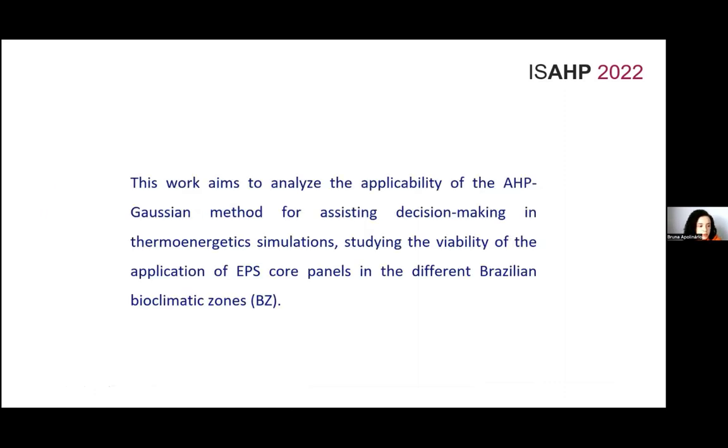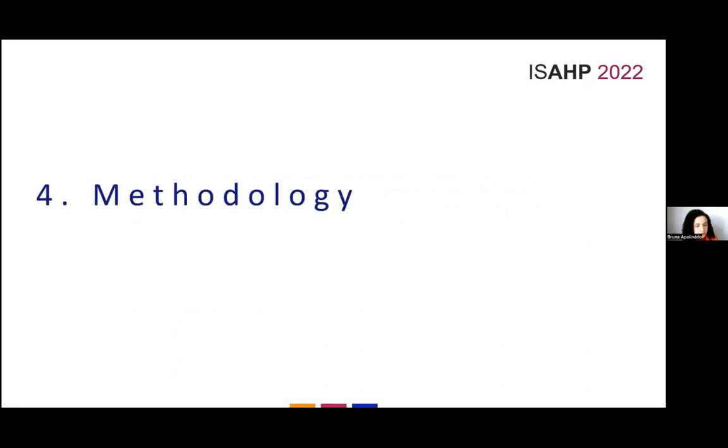So this work aims to analyze the applicability of the AHP Gaussian method for assisting decision-making in thermoenergetic simulations, studying the viability of the application of EPS core panels in the different Brazilian bioclimatic zones, that are cities with different climates.